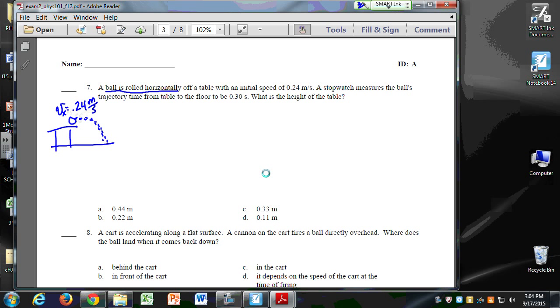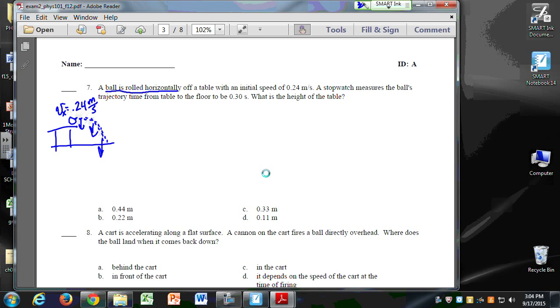That means it comes off and it's not at an angle, and also there is no mention of an angle. So it's coming straight off the table. However, immediately when it comes off the table, it starts picking up this y velocity that starts increasing in the negative direction.